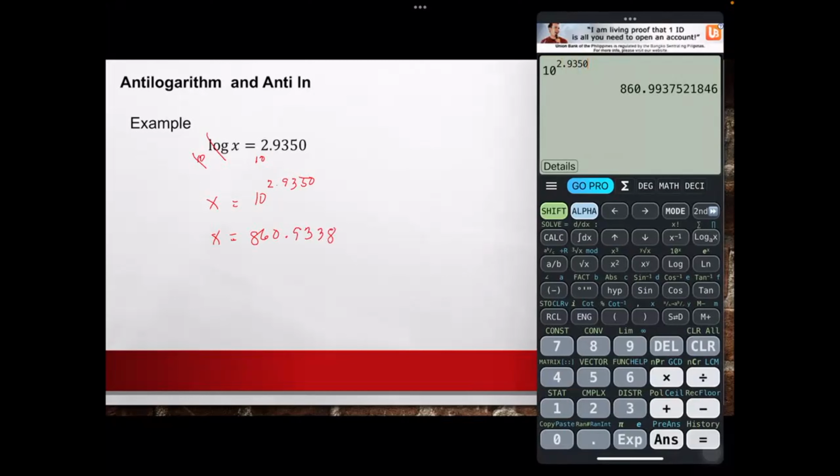Rather, 860.99 when rounded to 2 decimal places. But we will take up to the whole number. So, x is equal to 861 as the final answer, or the value of x.